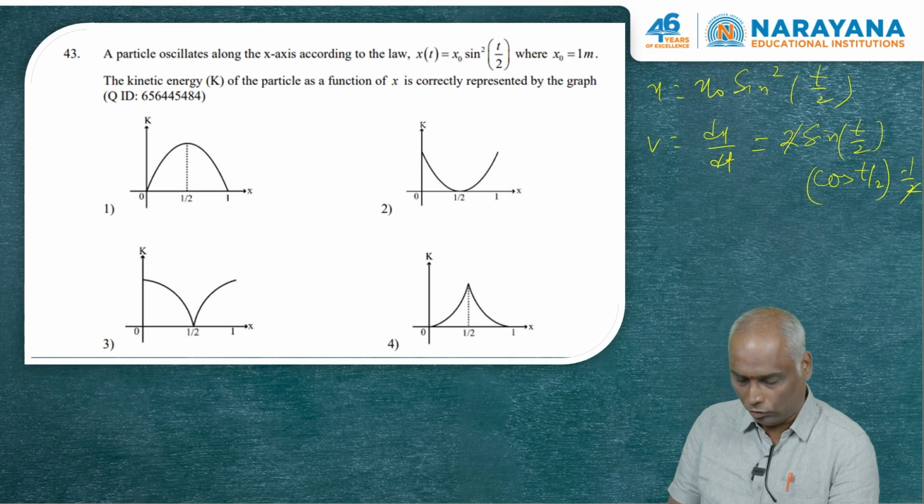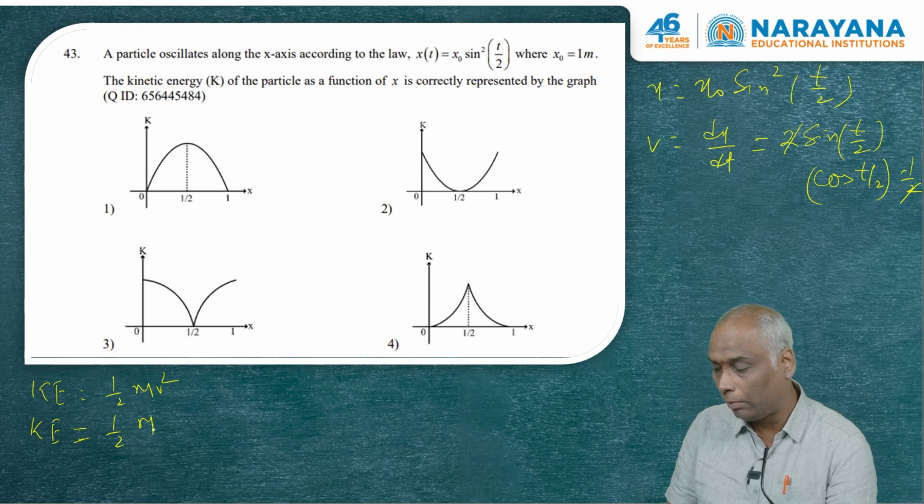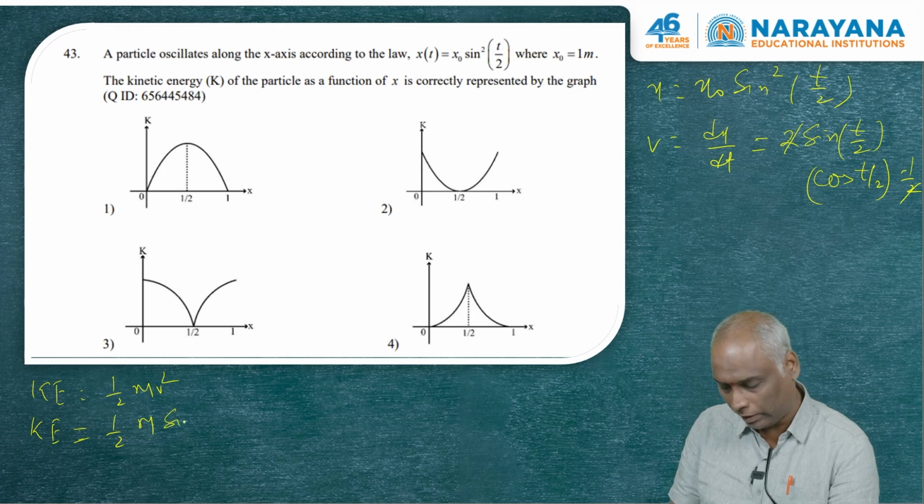Now to find the kinetic energy, it is given by half m v square. So kinetic energy becomes half m, and when I square v, we get sine square t by 2 into cos square t by 2.